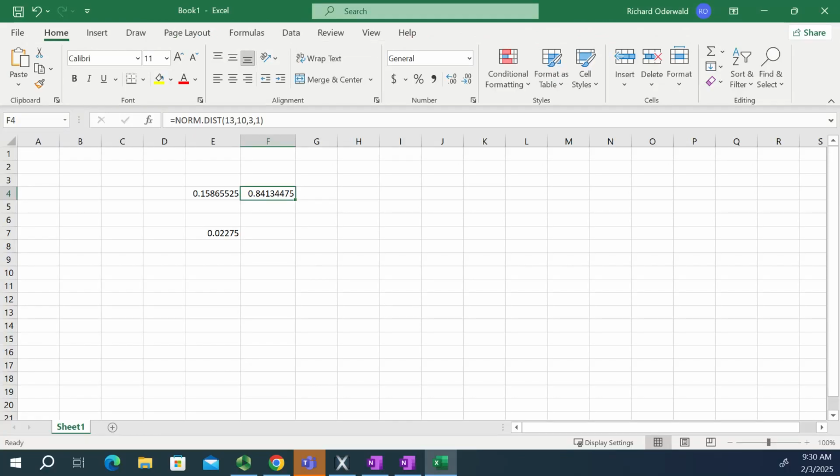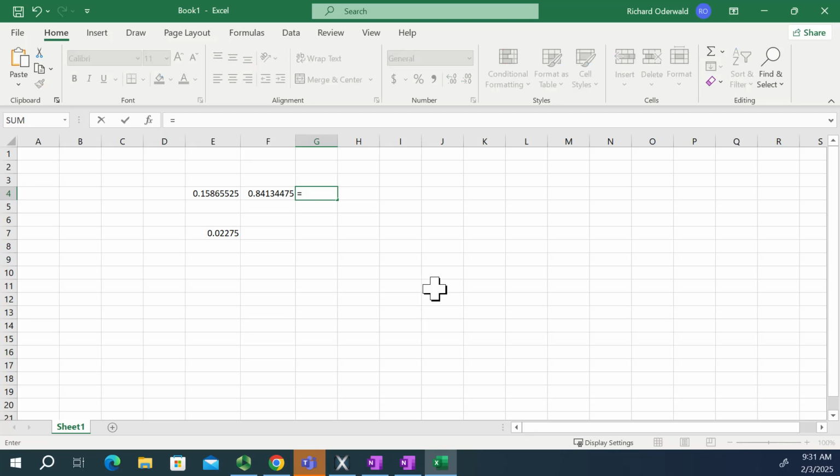So 16% is to the left of 7. 84% is to the left of 13. I need to find out what's between them. I said it was 68. So I need equals this minus that.